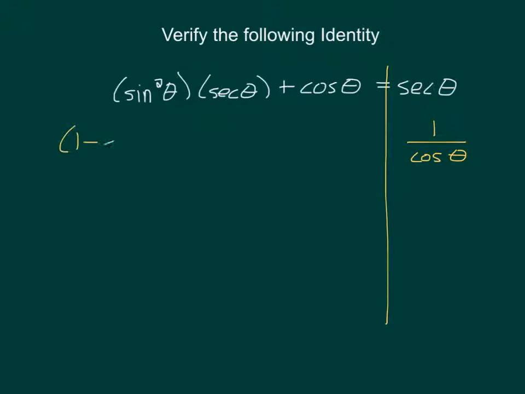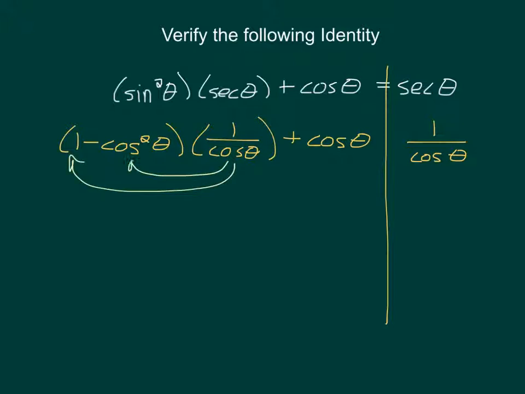We have 1 minus cosine squared theta times 1 over cosine theta plus cosine theta. So this is the identity we used in the last problem. This is an identity we've known for some time. Now, we're going to distribute this through.